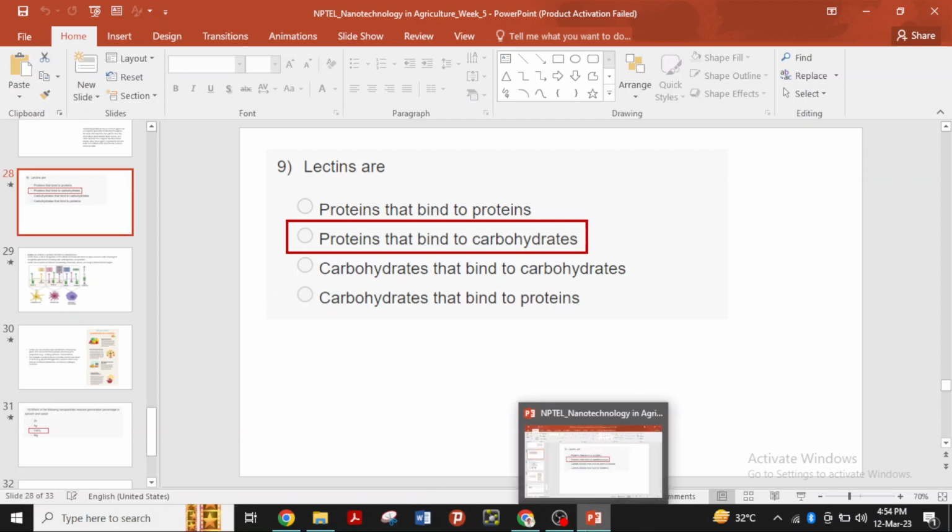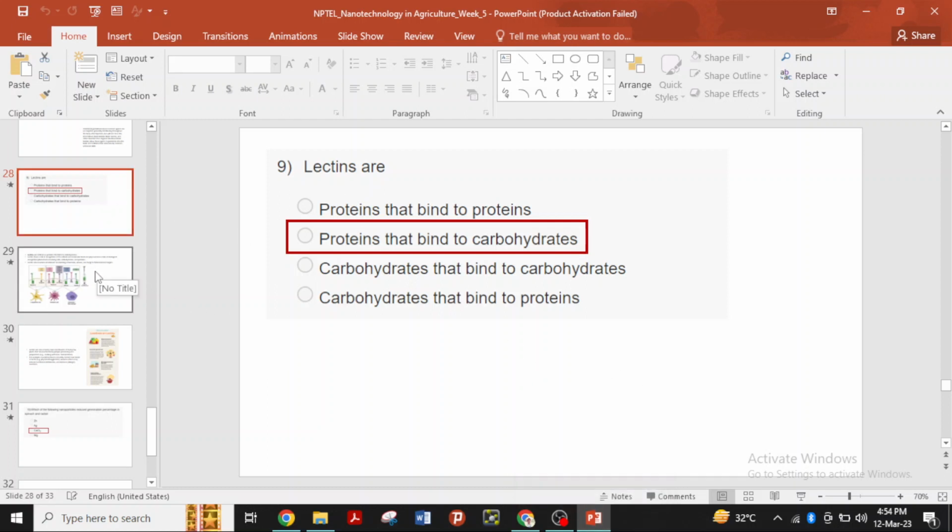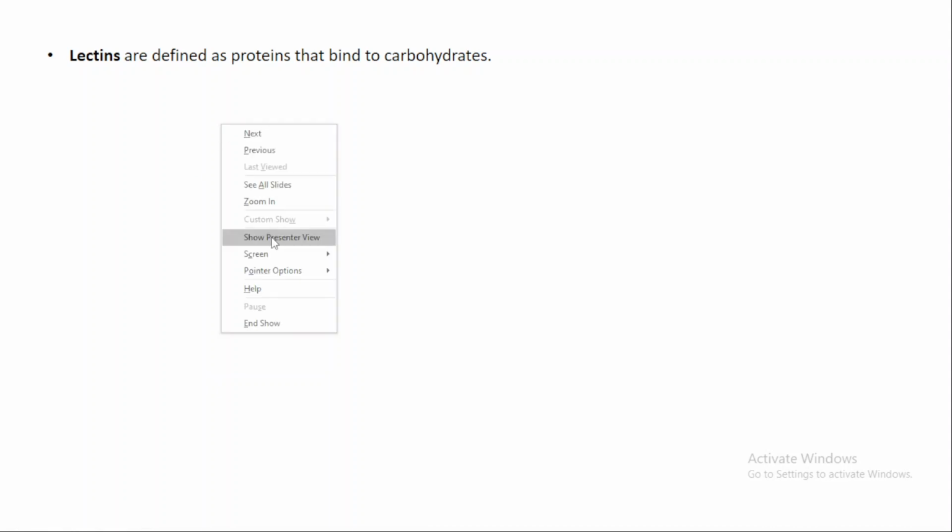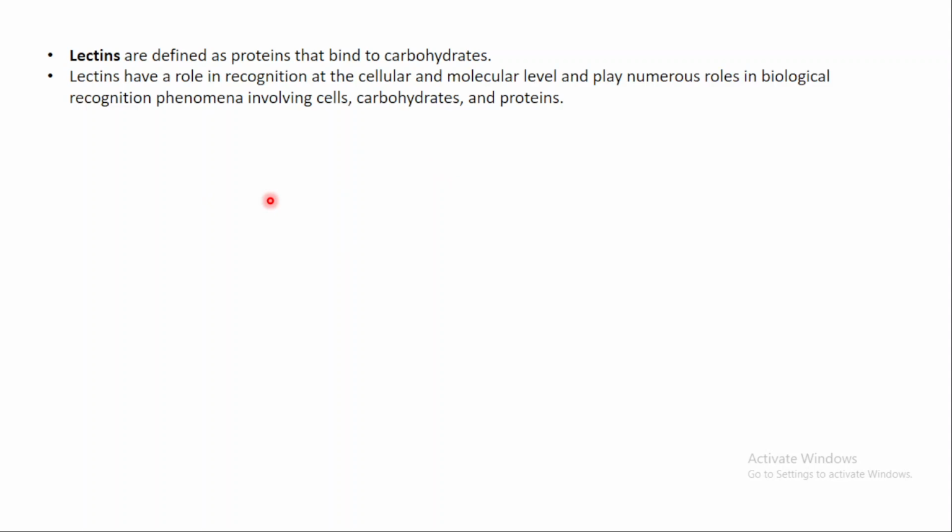So lectins are proteins that can bind to carbohydrates. I hope you can see my presentation. Lectins are basically proteins which can bind to carbohydrates, and they are present on cells, doing many functions, cellular recognition mostly.